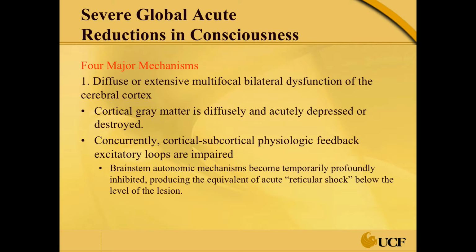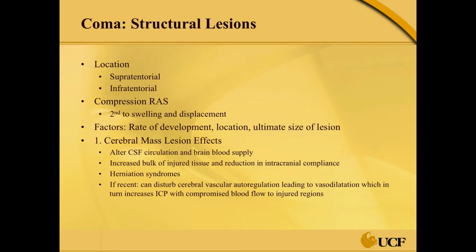Concurrently, cortical subcortical physiologic feedback excitatory loops are impaired, and brainstem autonomic mechanisms become temporarily profoundly inhibited, and you get this shock below the level of the lesion. So you hear someone get in a state of psychological shock, or that's basically what's happening here. Okay, they've lost that brainstem autonomic mechanism, so they get this temporarily profound change in consciousness.